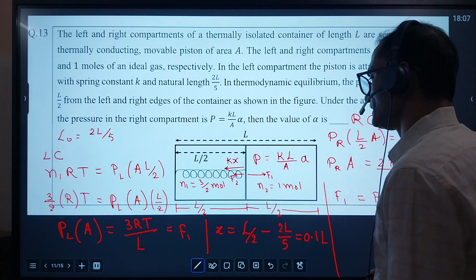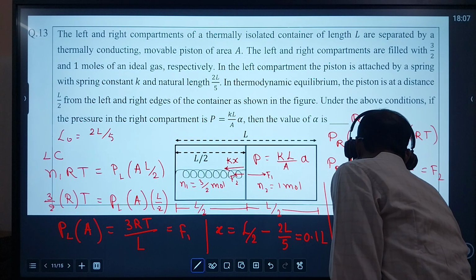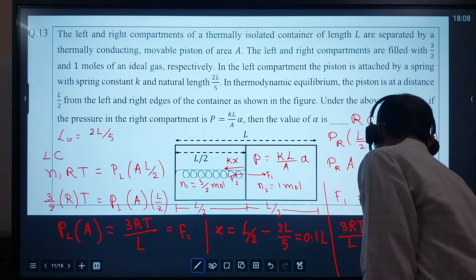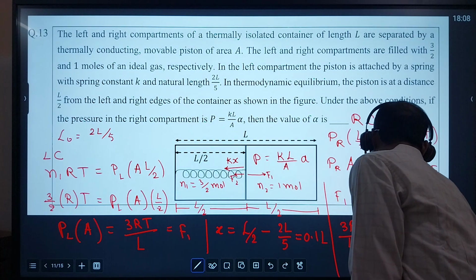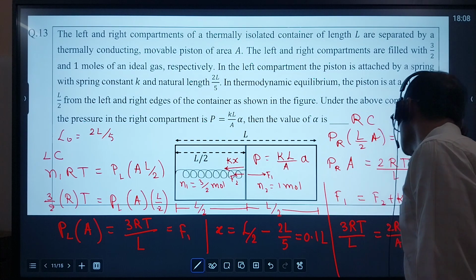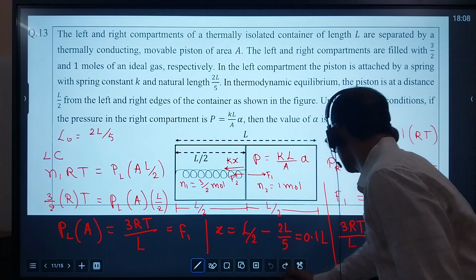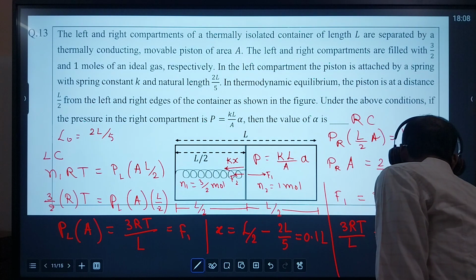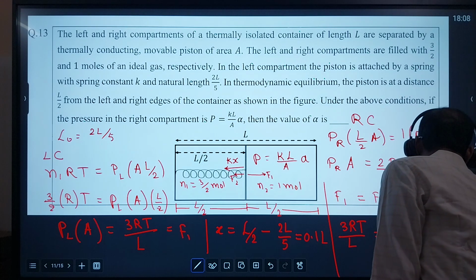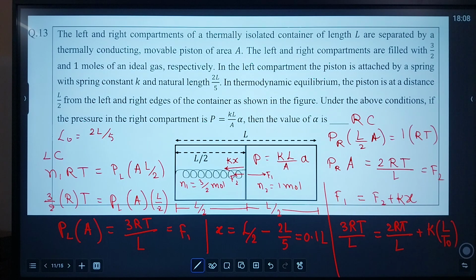Now from here, F1 is 3 RT by L, and F2 is 2 RT by L, and Kx, where x is L by 10.